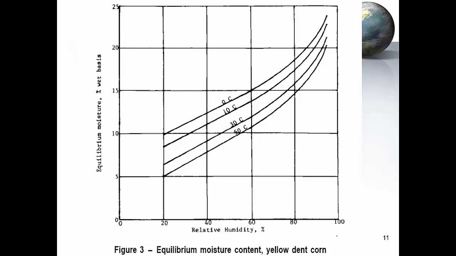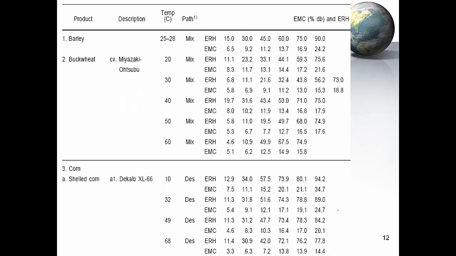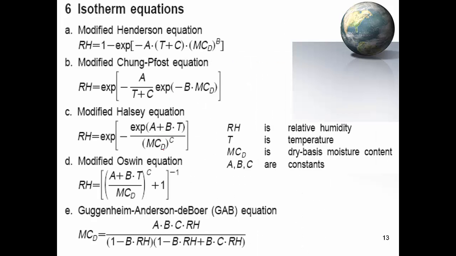The ASAB standard I posted on the blackboard has curves like this for us. For different moisture contents and different relative humidities, how does it look? They also gave it in different tables. For example, for barley, they gave 2 tables for a temperature range. So as the temperature changes, the relationship changes.